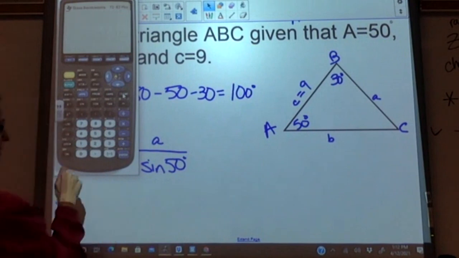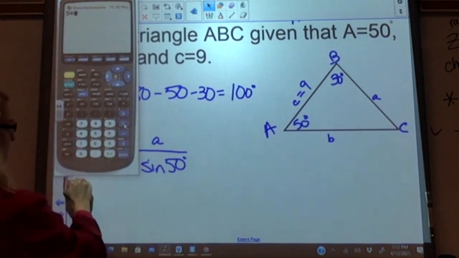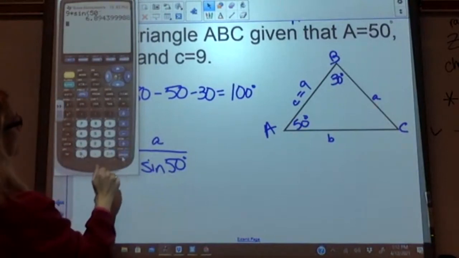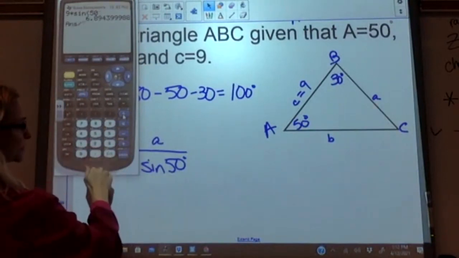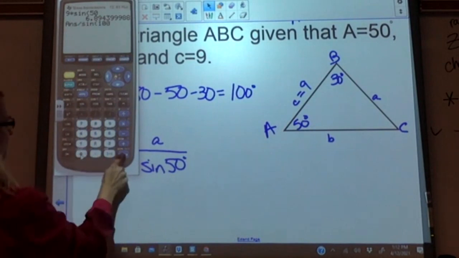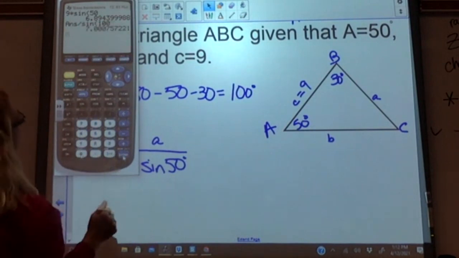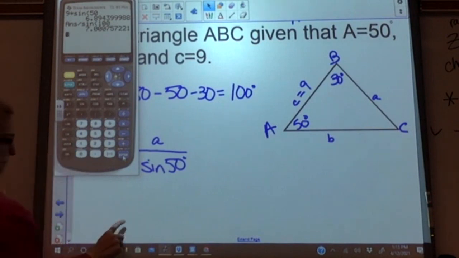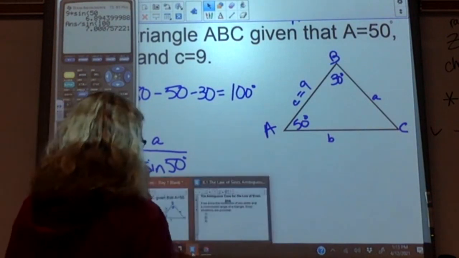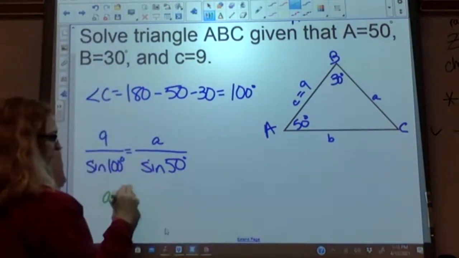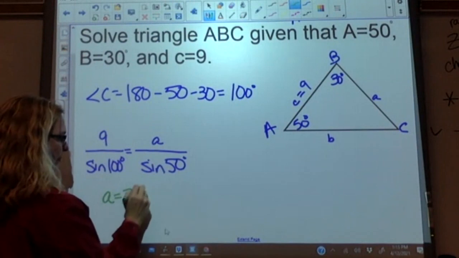And so this is 9 times sine of 50 divided by sine of the 100 degrees. And that gives me 7, rounded to one decimal, 7.0. So side A is 7.0.